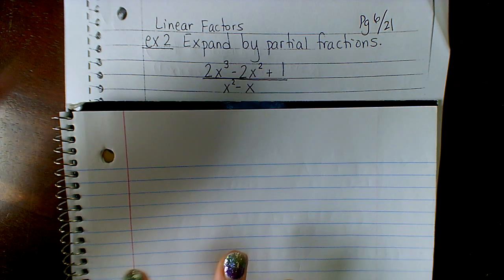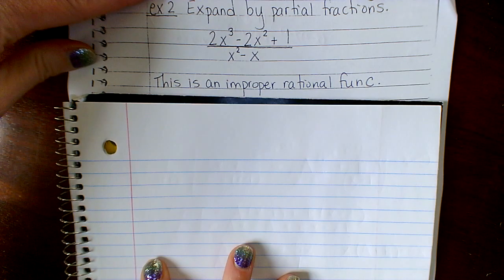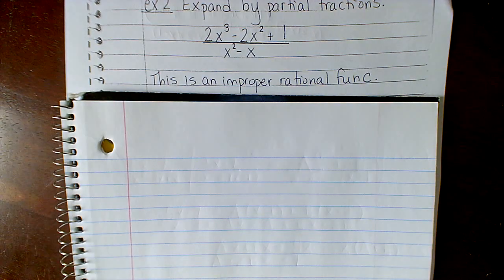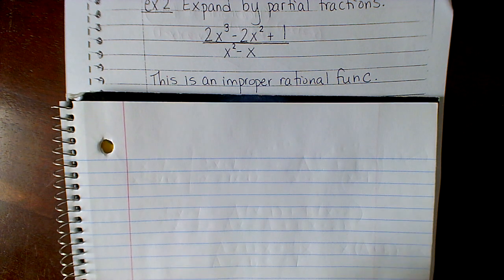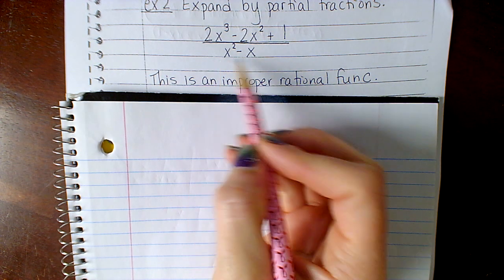That means we have to rewrite this as a proper rational function, and we're going to have to do this using polynomial long division. I did this back in section 8.1 as a review of different techniques that we might need, knowing that this was going to have to be used. So we are going to have to long divide the bottom into the top.